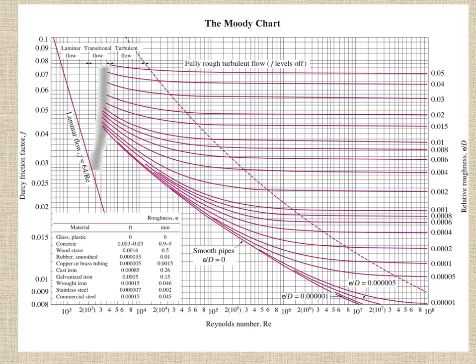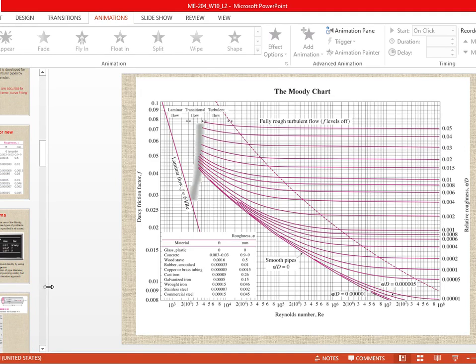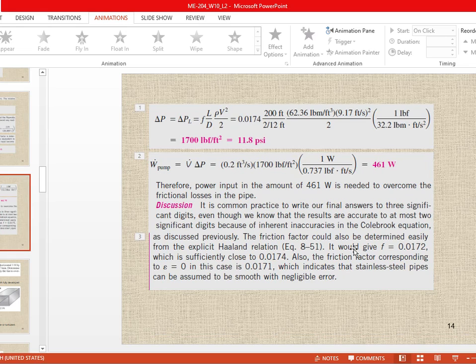Okay, this is the chart, and here we have the problem. What is the Reynolds number?